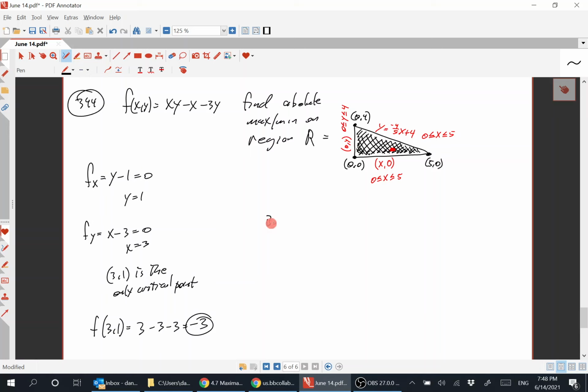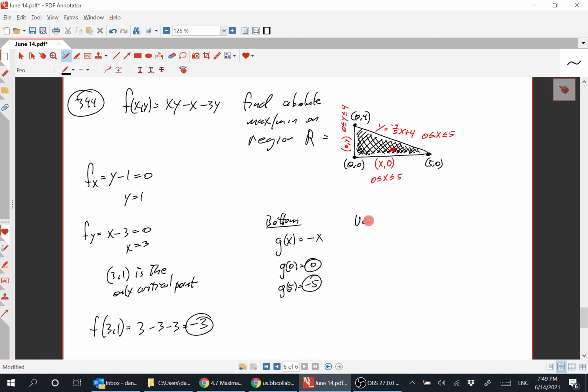So along the bottom, f of x, y becomes g of x, with y equal to 0, so it's just minus x. Right, so it's linear. So now you just check the endpoints. g of 0 is 0, and g of 5 is minus 5.